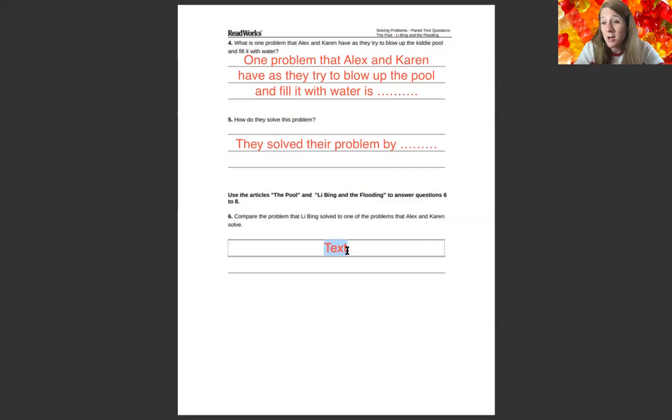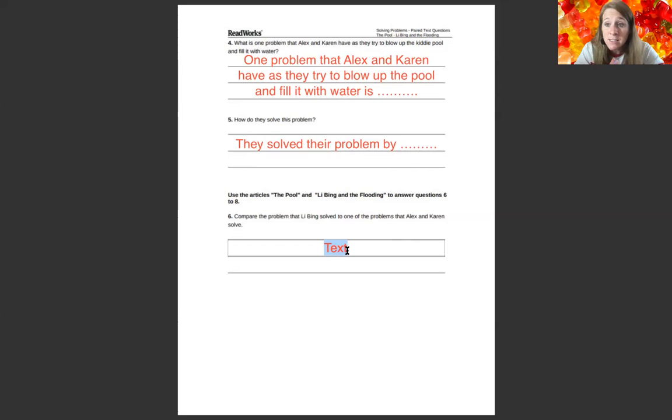And I think that the problems are very, very different. The problems that Li Bing solved, I mean, they were life-saving, life-changing, that kind of thing. The problems that Alex and Karen solved was just problems based off of their wants. They didn't need to go into a pool. They didn't need to sit in the backyard and relax.